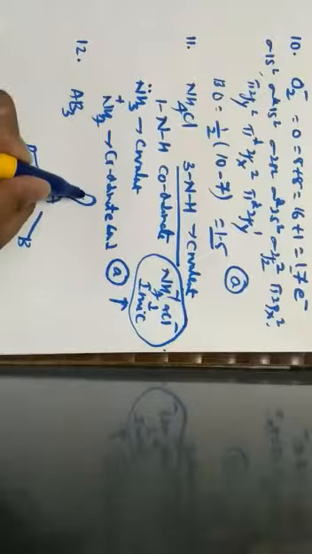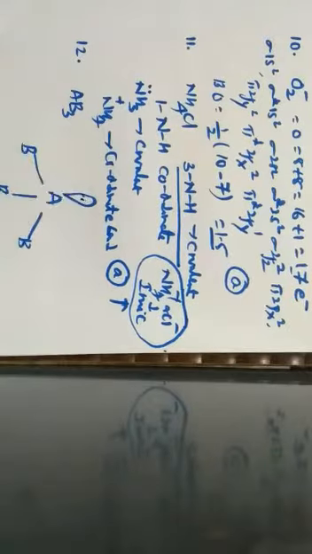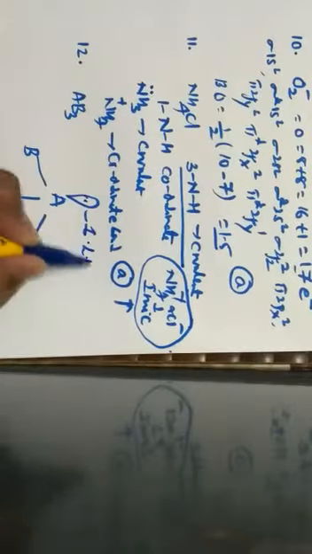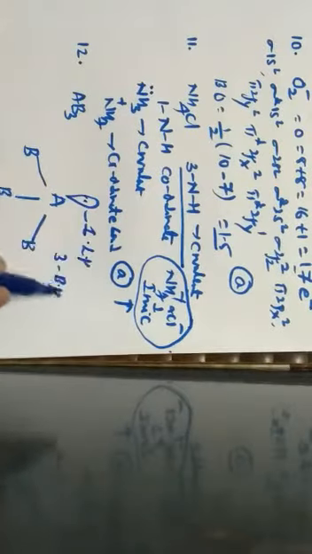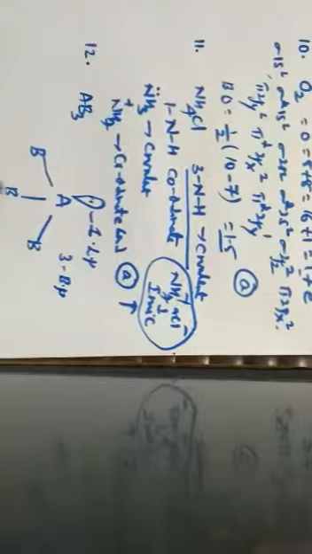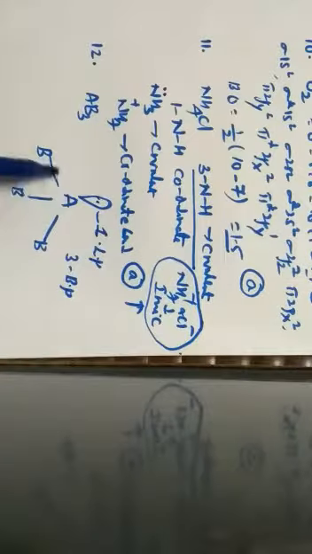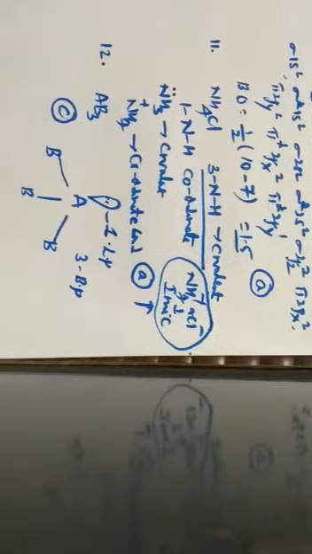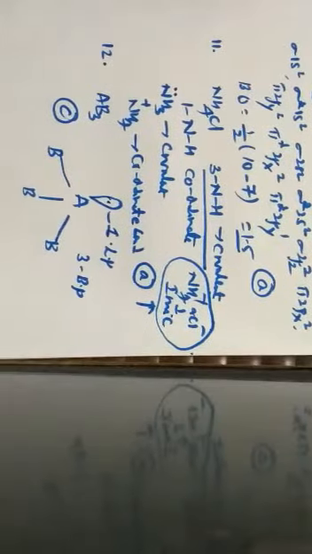So in this pyramidal structure there is one set of lone pair electrons and 3 bond pair electrons. So the 3 bond pair electrons are with what? Bonding between A and B, and this is one set of lone pair, which is given by the option C, that is 1 lone pair and 3 bond pair.